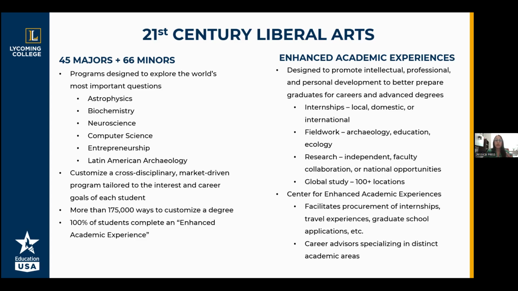And our structure allows, again, very much for double majors, majors and minors, and not only in things that are very similar, right? So we do have students who will major in business administration and minor in entrepreneurship, but because we are a liberal arts institution and because that liberal arts ethos wants students to be curious and follow their passions and interests, sometimes those majors are very different, right?